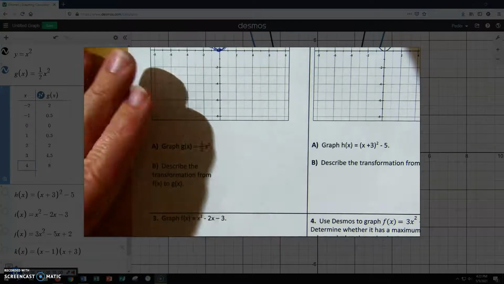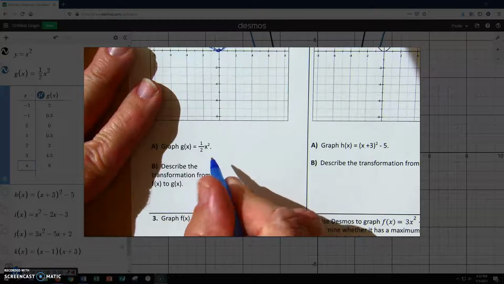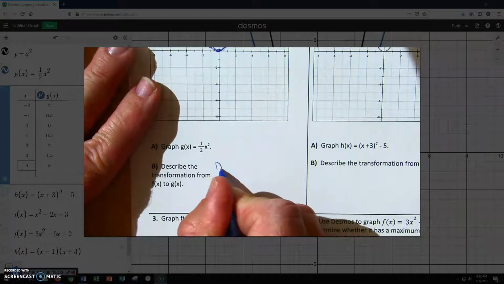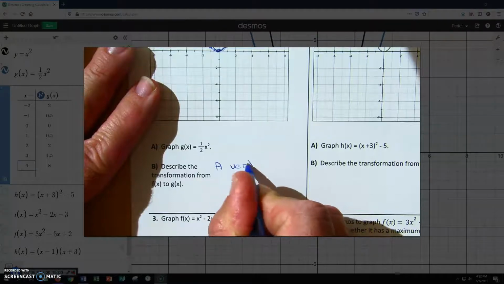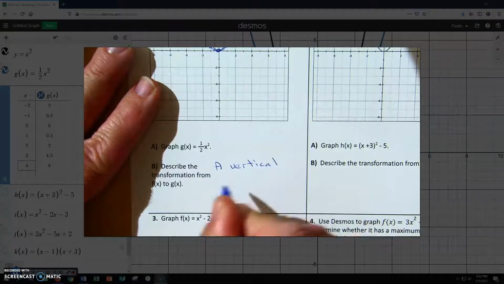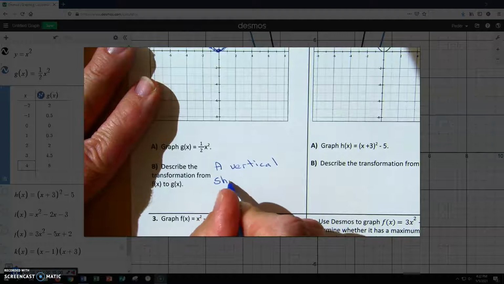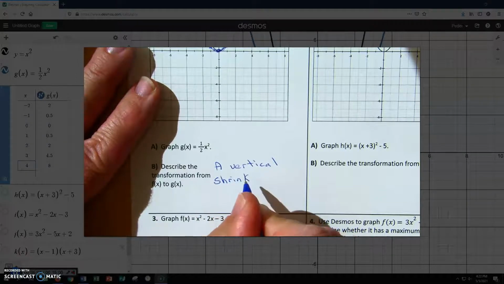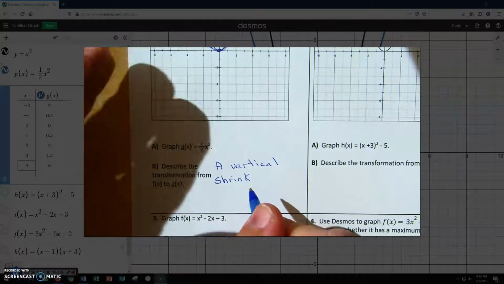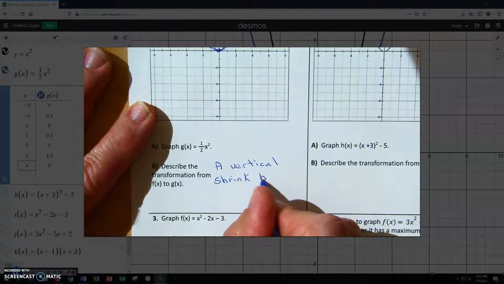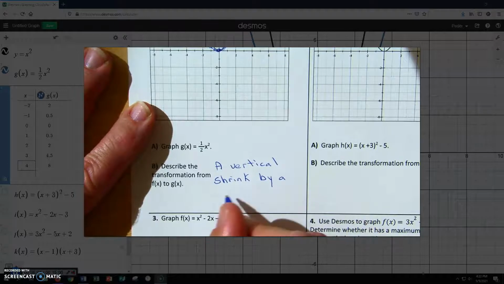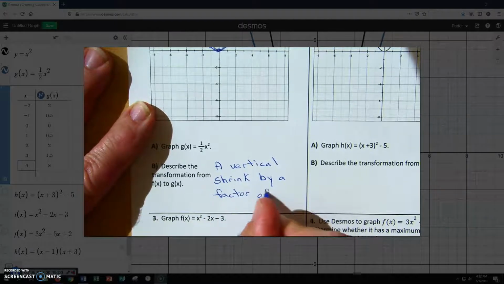So this one, the way I would describe this is a vertical shrink, and that's what's causing it to look like it's flattening, which is getting wider, and then by a factor of 1/2.